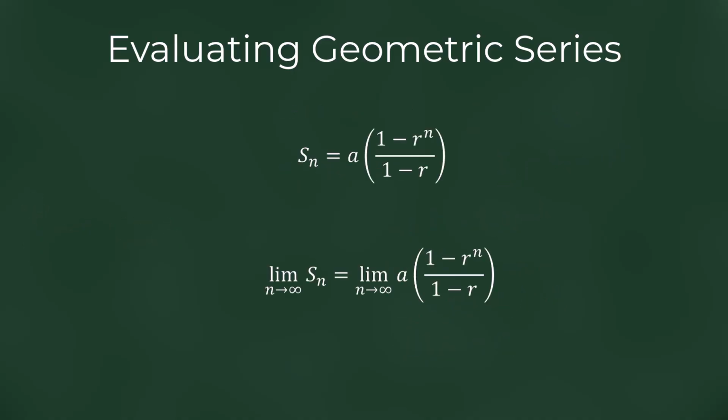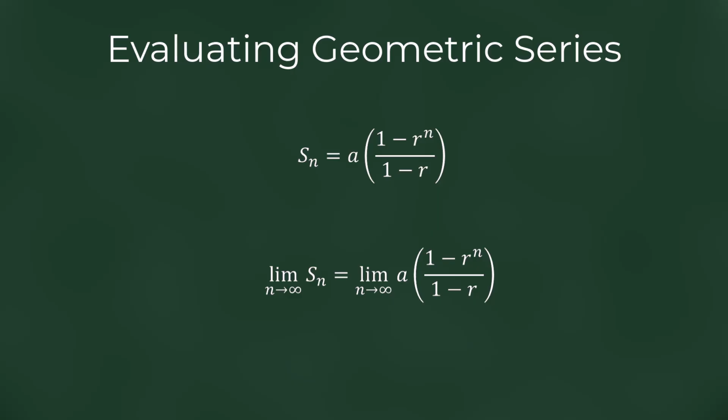All that's left for us to do is evaluate the limit as n goes to infinity of these partial sums, and then we'll have an understanding of when geometric series converge and when they diverge. So, given that our partial sum is equal to a times 1 minus r to the n over 1 minus r, we're taking the limit as n goes to infinity of that expression.